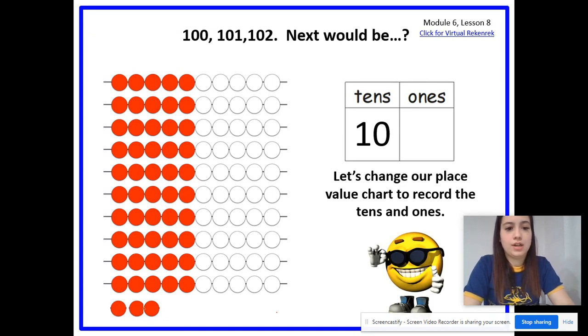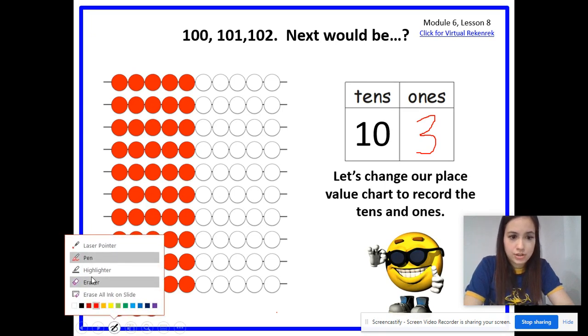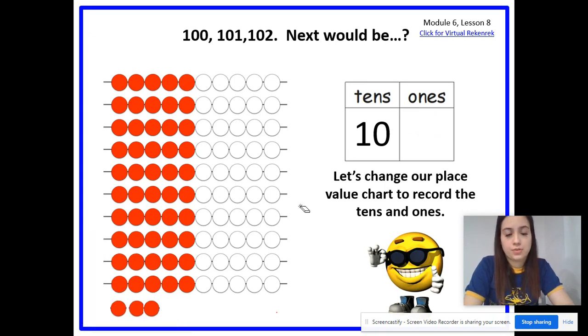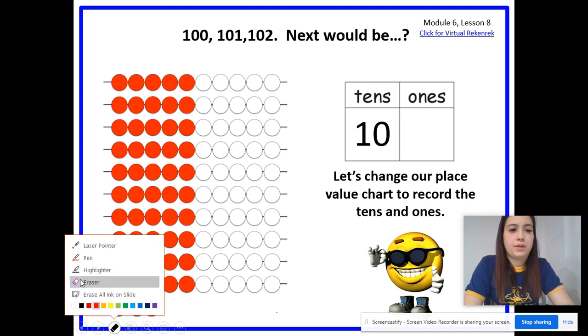Look at the ones down here. Get ready. Yes, 3 ones. Just like that. Are you following along? Okay, I hope you are. Should be easy since yesterday we learned how to count to 120, right? Okay, now we're going to continue.